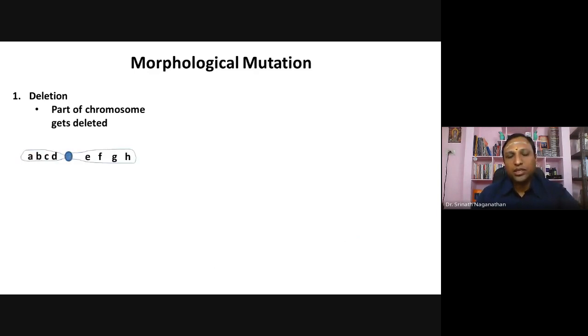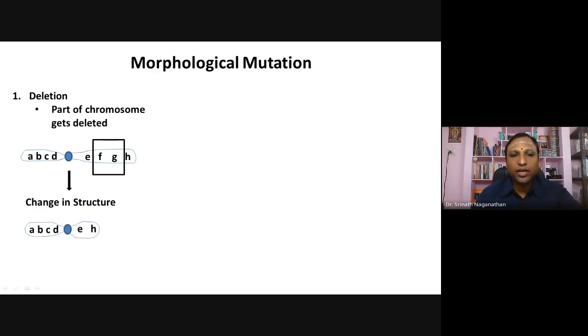Consider a chromosome with A, B, C, D on one arm and E, F, G, H on the other arm, with the centromere between them. During replication, because of some external or intrinsic force, the chromosome gets affected and a portion like F and G gets deleted. Then there is a change in structure, and it becomes A, B, C, D and E, F only.